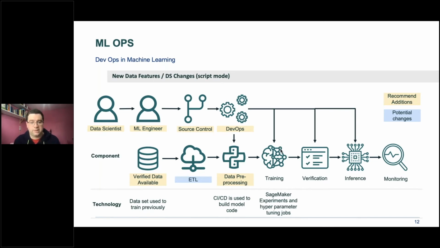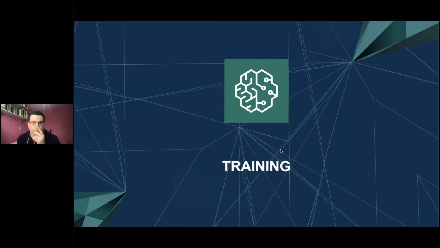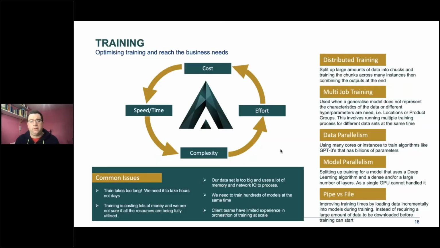So this process is about change, which at this point can happen all over the place, and it's about managing that change in a DevOps-style consistent release policy, because you're going to release it into production. Now, as mentioned earlier, training is quite important. Depending on exactly what you're doing, it's a cost, speed, effort scenario that you have to play off.